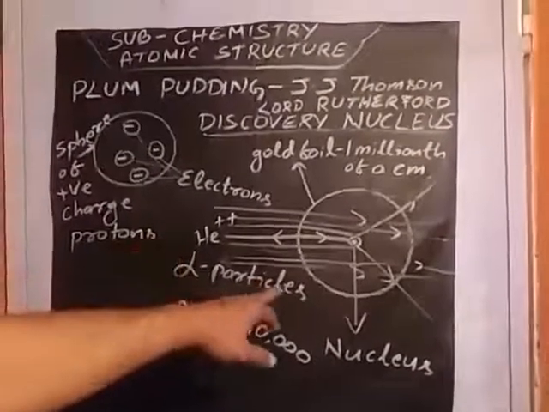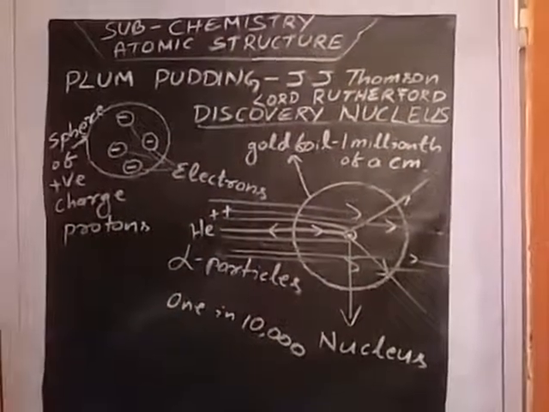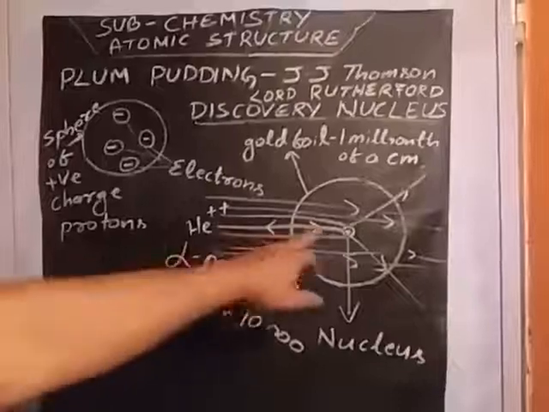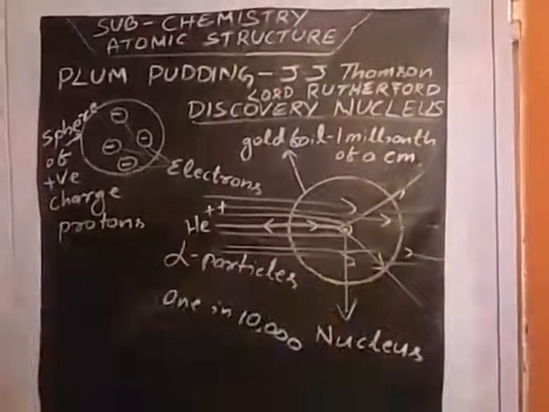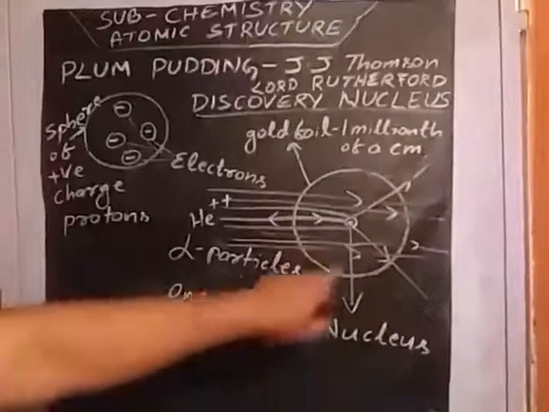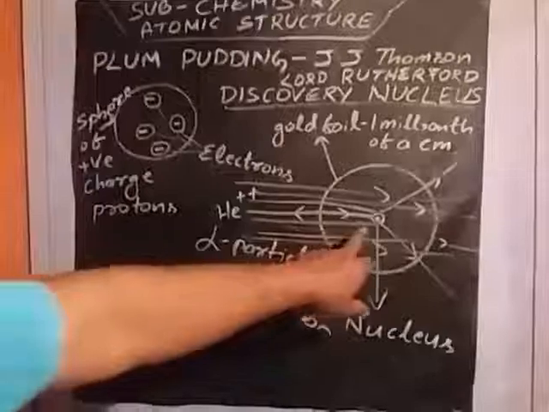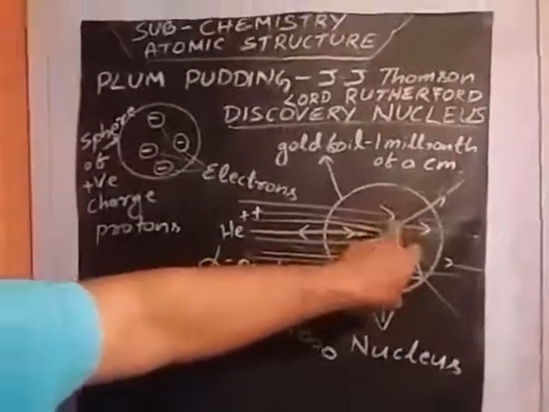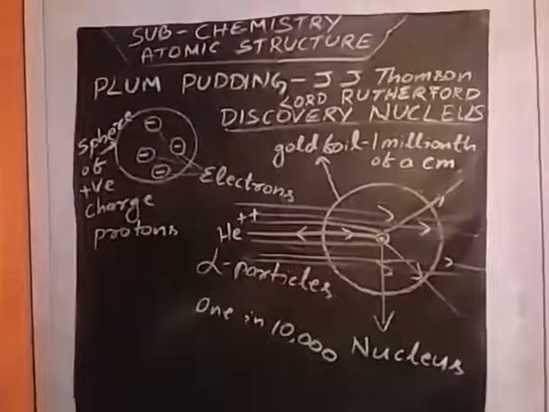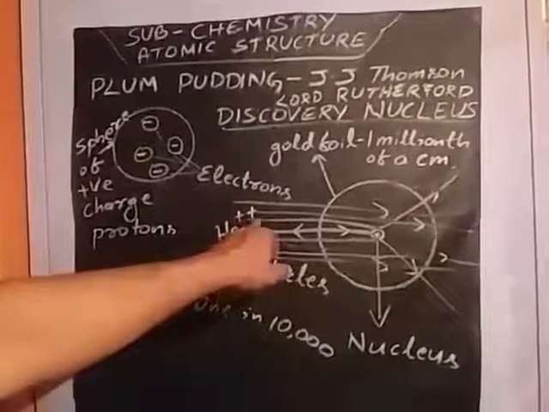When alpha particles were passed, some rays passed through in a straight line, some were deflected at a greater angle, but a very few, about 1 in 10,000, were reflected back or bounced back. He suggested that in the denser central part there is a positive charge, because helium plus plus, or alpha particles, also contain positive charge.